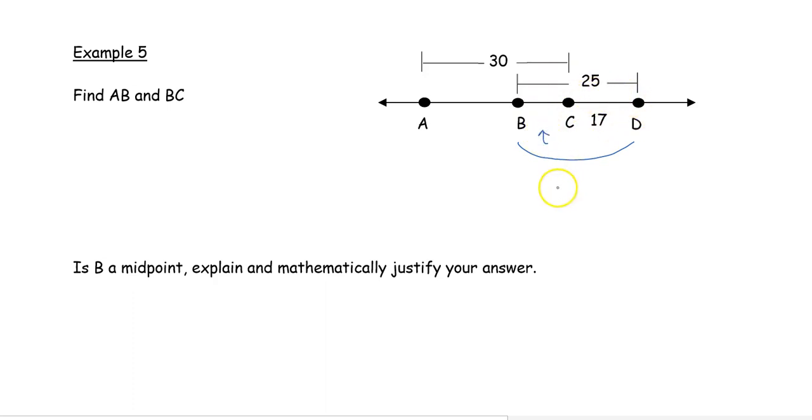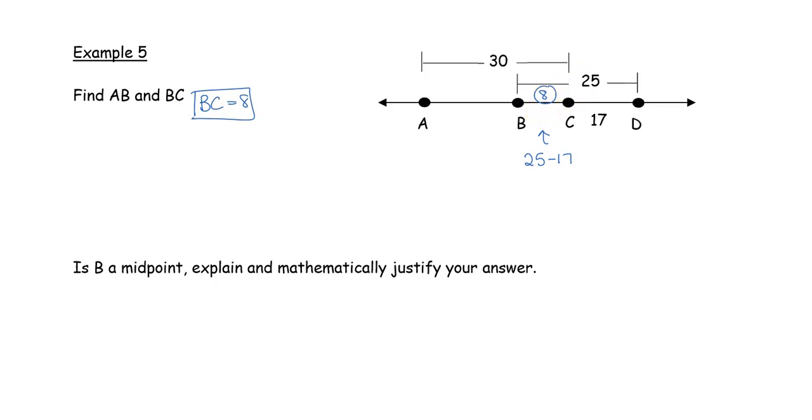So to find this, let's go ahead and erase that. I would do 25 minus 17, leaving me with segment BC as 8. So we have to find BC first. I can't find AB without this piece of information.